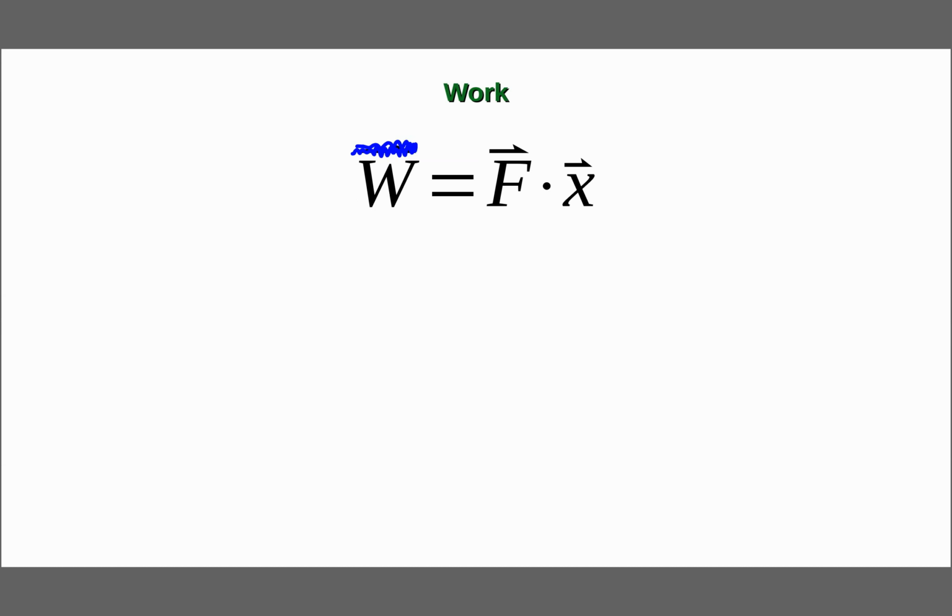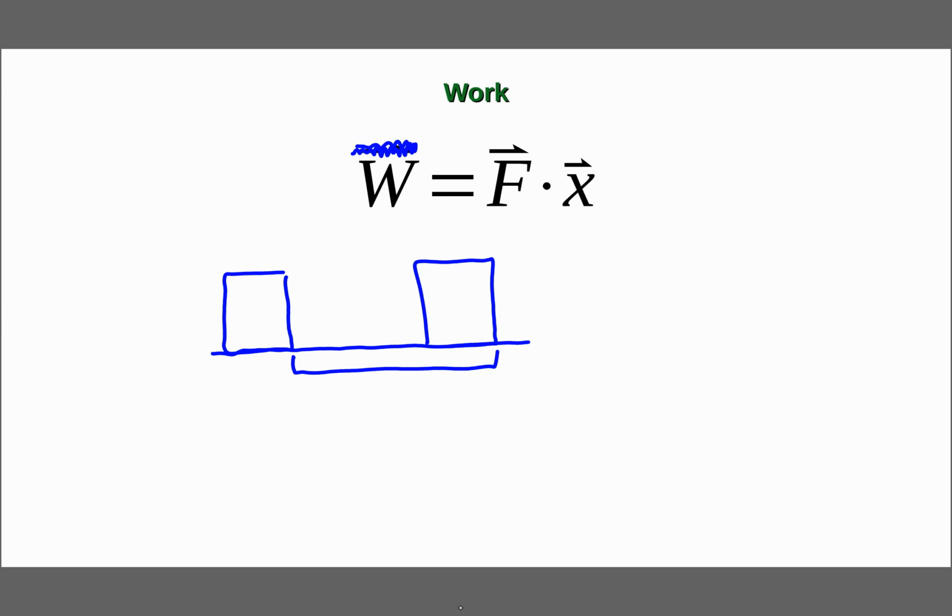So now let's think for a second about pushing a block for some distance x. I have this block sitting on some surface, and I push it some distance x. In the beginning, it has some velocity v naught. Now, this might be 0, but then again, it might not be 0.